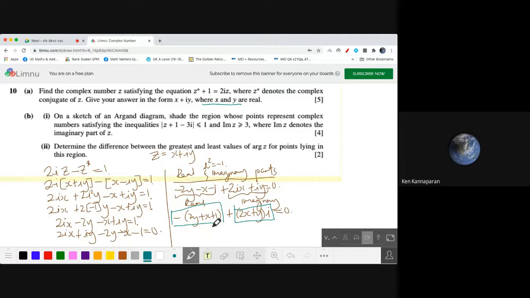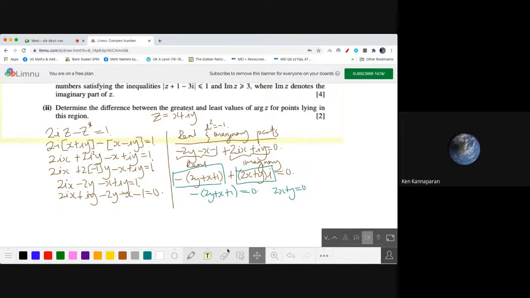So since I know the first box over here, the green color, is the real, I'm going to separate them and then make an equation. So negative 2y minus x minus 1 equals 0, and then 2x plus y equals to 0. x and y are real, remember, so you need to find what are the values for them.